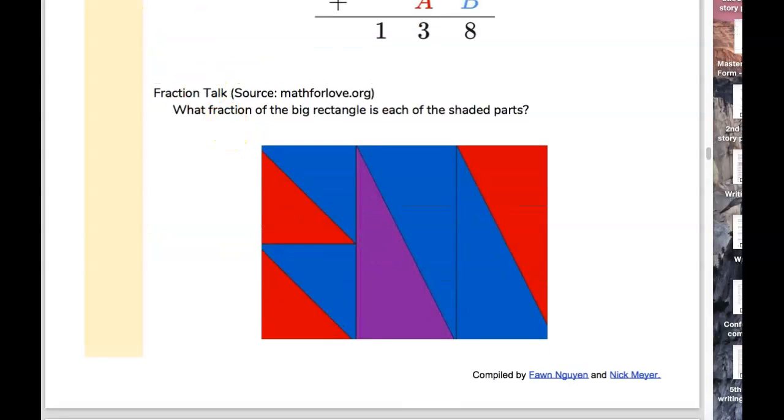All right, fraction talk. When we look at this, we're actually dealing in equal parts. So what fraction of the big rectangle is each of the shaded parts? If you look at this, it is divided in half.